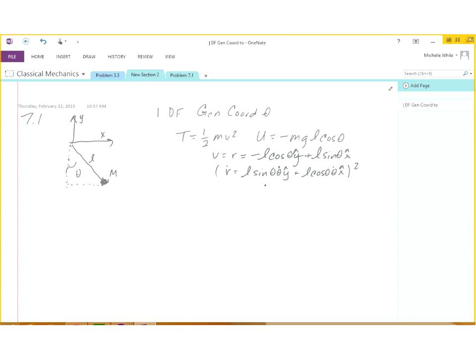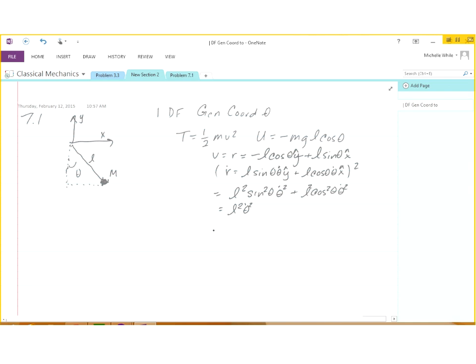When we square this, the middle term cancels, and we end up with an L squared sine squared theta, theta dot squared plus L squared cosine squared theta, theta dot squared. I forgot to square the L, sorry about that. And sine squared and cosine squared, of course, is 1. So now we have an L squared theta dot squared for our velocity squared term.